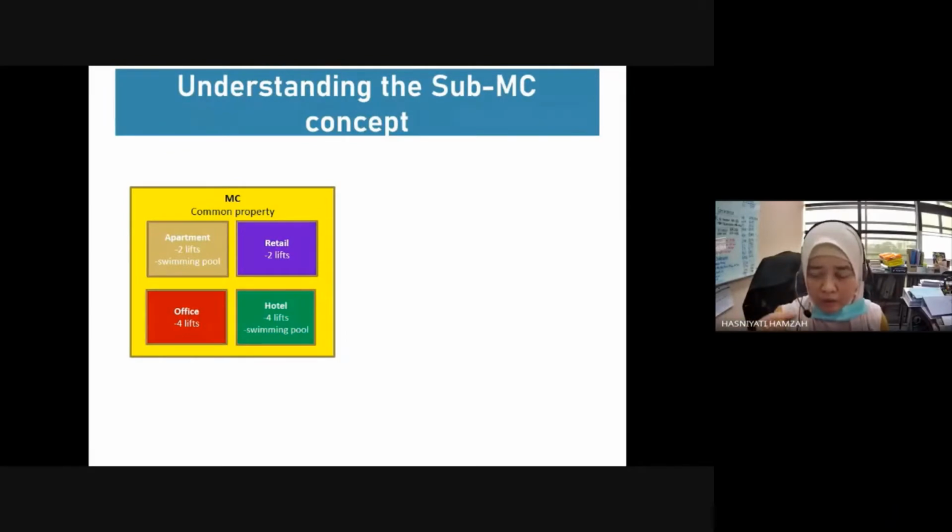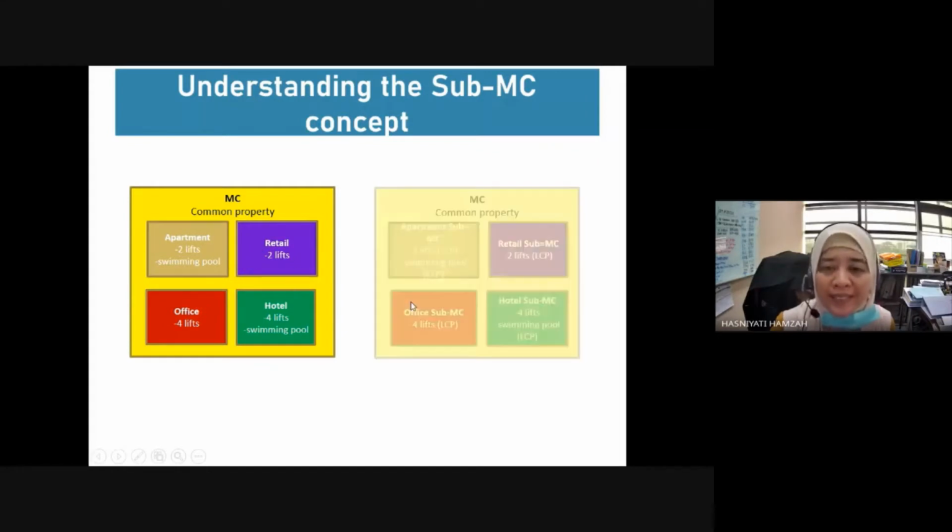Because remember the definition of the boundary wall, what we talked about in lecture 5, if I'm not mistaken. Half, the one within the parcel belongs to the owner, the other half facing the outside belongs to everybody, belongs to the MC. So we see here each of the users has their own common property.